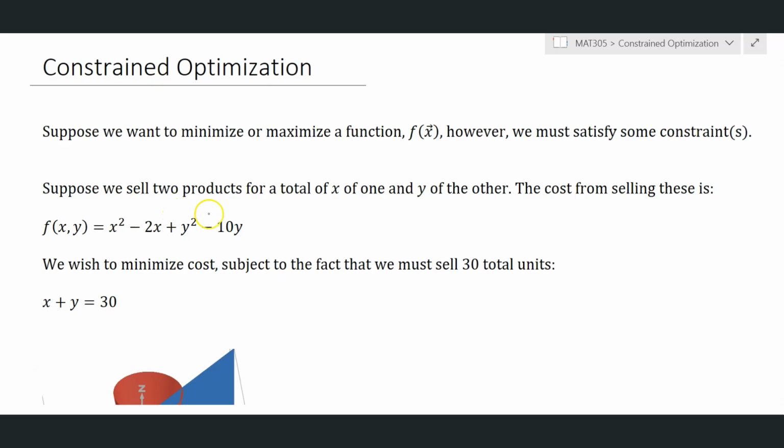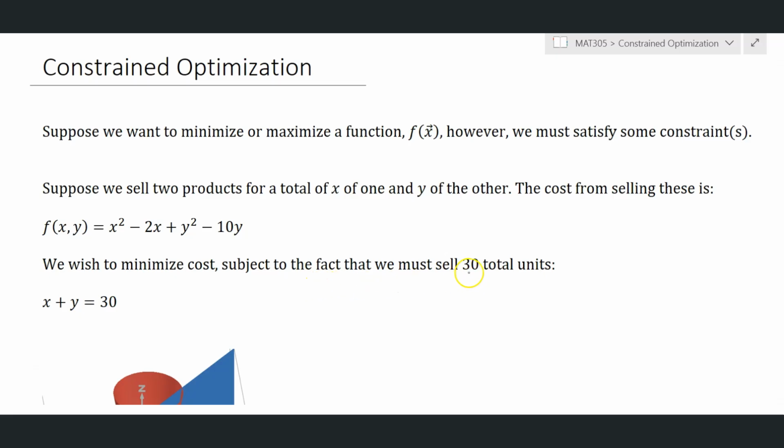So let's say that x and y are the quantities of two types of products that we sell, and f of xy is the corresponding cost from selling these, or from manufacturing, all that process. That's the cost function. Now we want to minimize the cost, but we can't just look at this function.